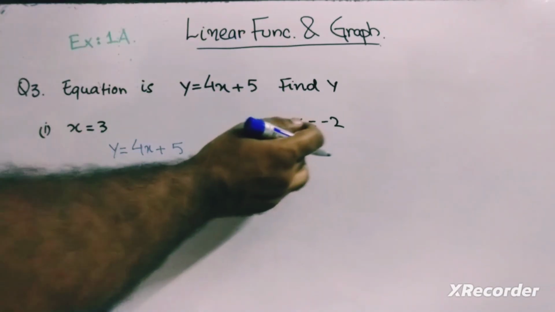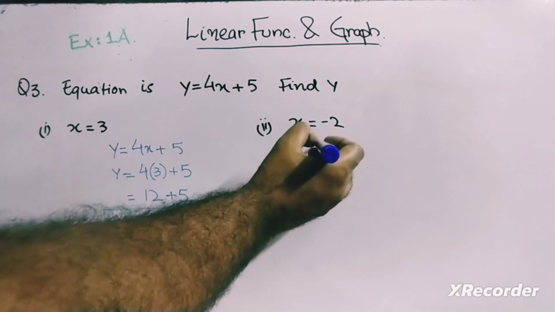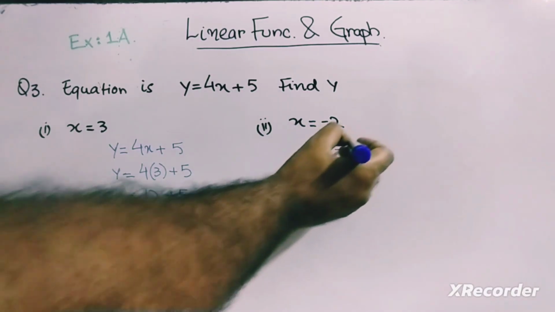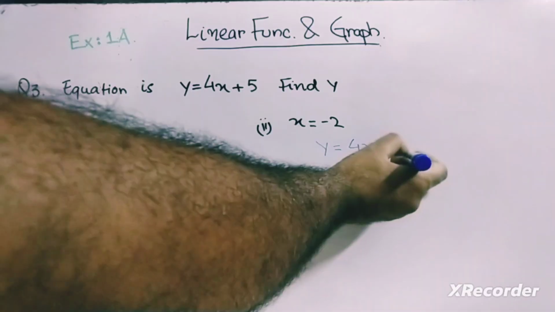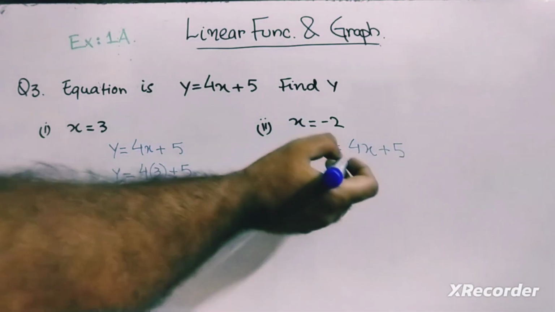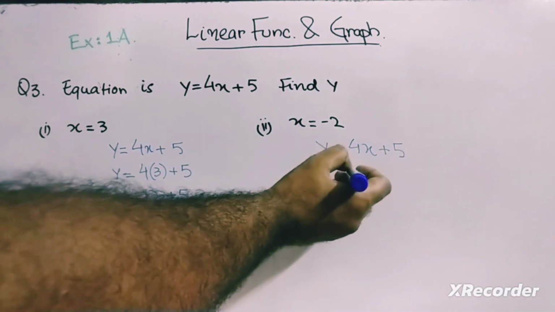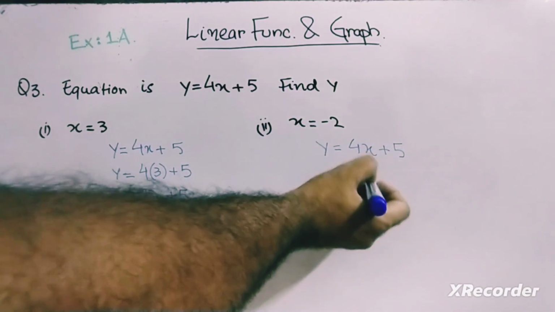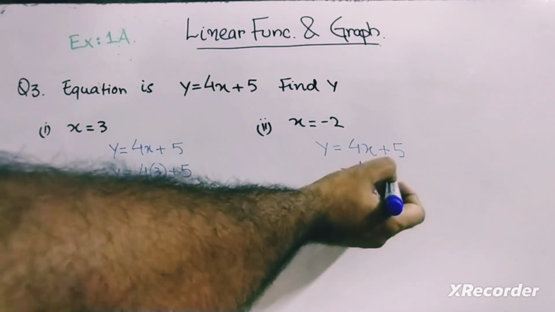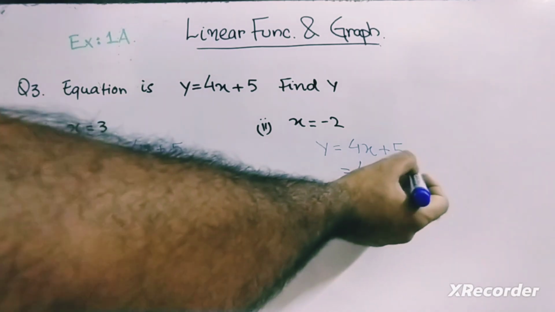The second part, x is equal to minus 2. We can write y is equal to 4x plus 5. Then we put the value of x, that is minus 2, 4 times minus 2 plus 5.